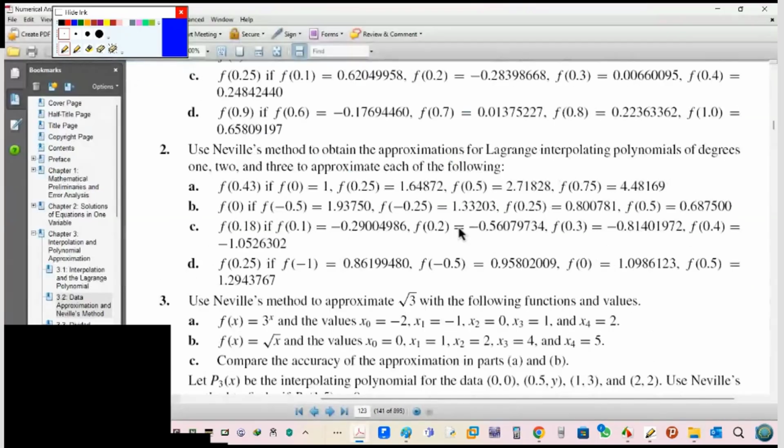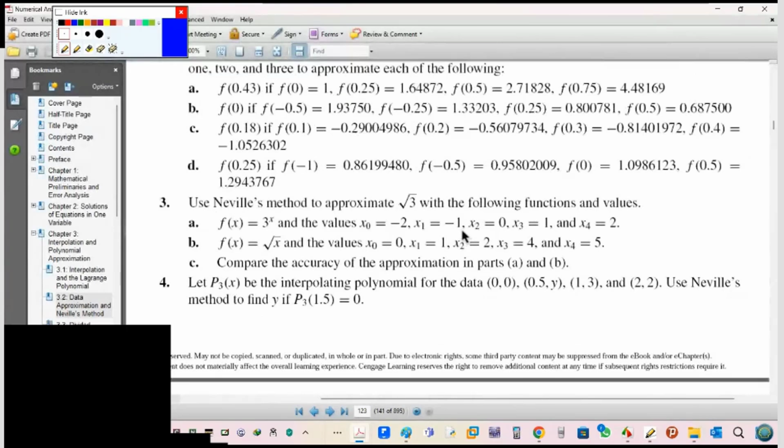So return back to our book, and here, for example, use Neville method to approximate root of 3. So this is my x with the following function values he gives me, x and this is f(x). You can find y, b0, b1, b2, b3, 4. And same here, where is my x?